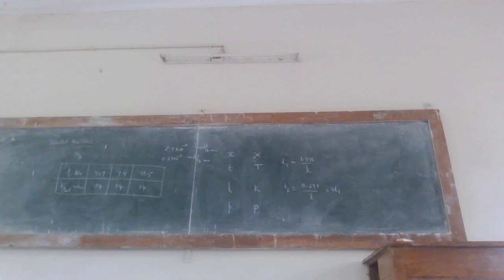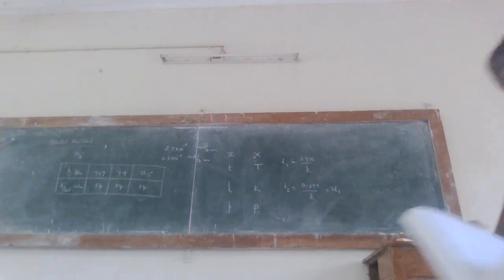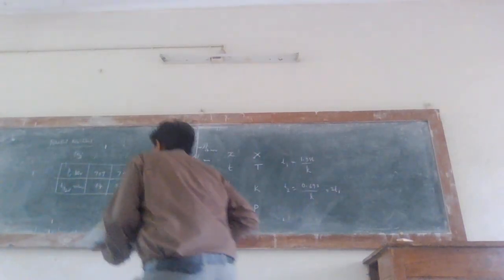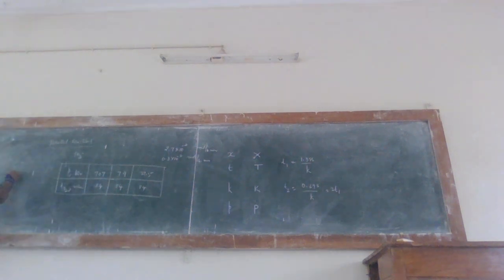A parallel liquid phase reaction: A gives R with rate constant k1, and A gives S with rate constant k2.